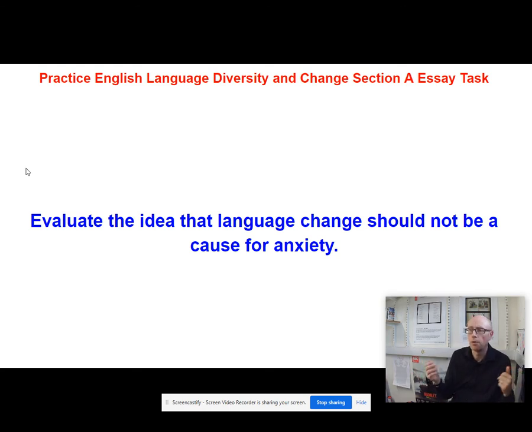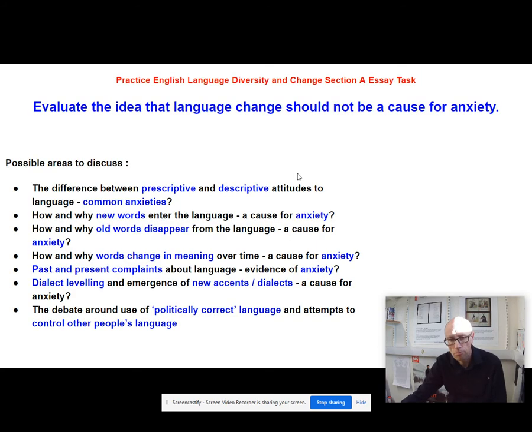So you need to think about all of the stuff that we've covered so far on the course. We've looked at the difference between prescriptive and descriptive attitudes. We've looked at a little bit of the history of English. We've looked at lexical change and semantic change and people's attitudes towards lexical and semantic change, both now and through history. And that should equip you to be able to do a decent job in answering that question.